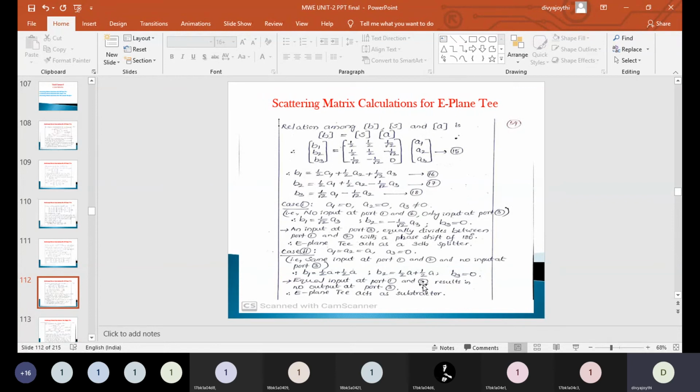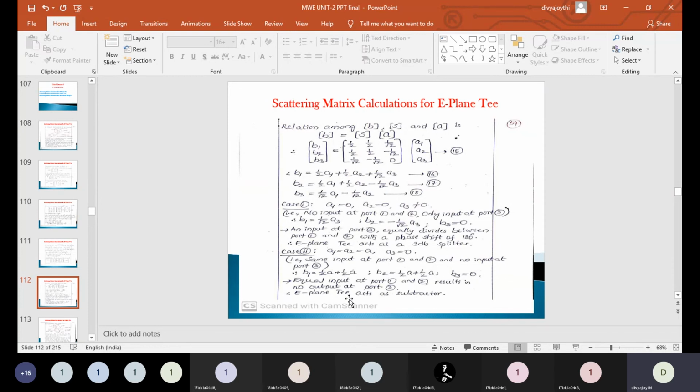So equal input at port 1 and port 2 results in no output at port 3. See here, under this condition, port 1 and port 2 have equal input, 1 by 2 A plus 1 by 2 A. Here also 1 by 2 A plus 1 by 2 A. So when the same input is applied at both ports, the output at port 3 is going to be 0.